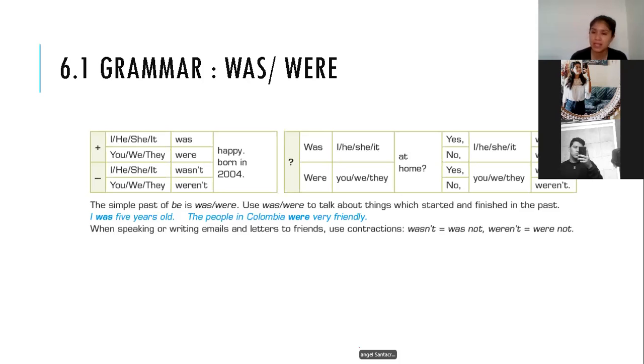So we use wasn't because it's a short version of was not, but it is exactly the same. Or we use weren't, the short form of were not. This is the most common way to use the negative form of was. But if you use was not, it's not a big deal. It's the same, but it's more common and more fluent to always use the short versions.